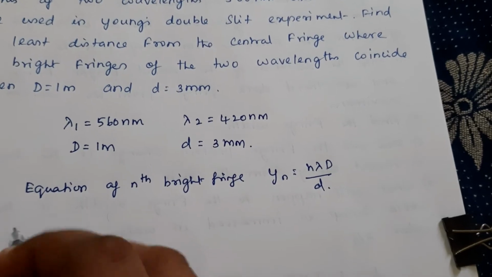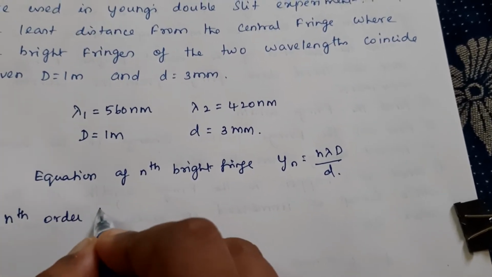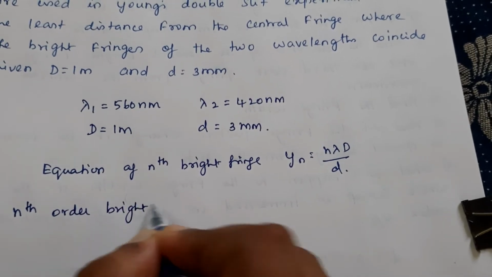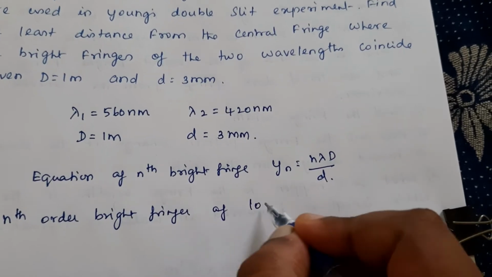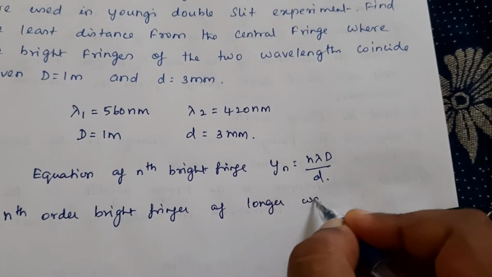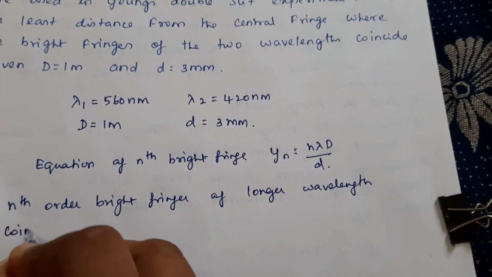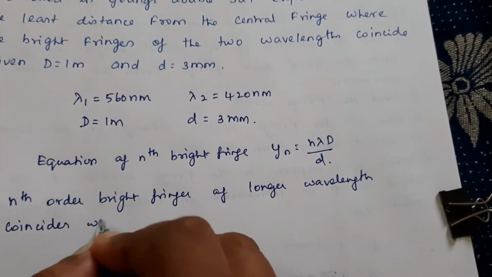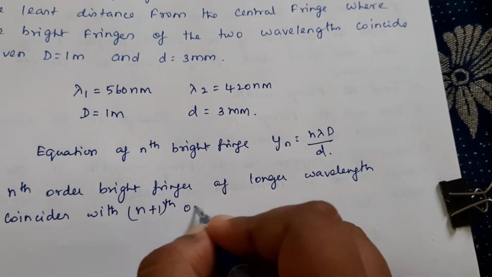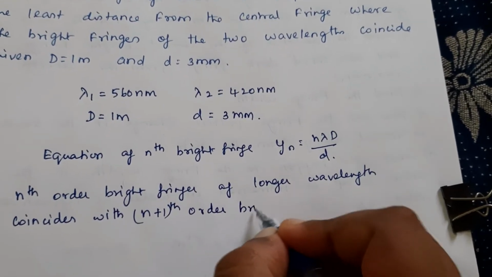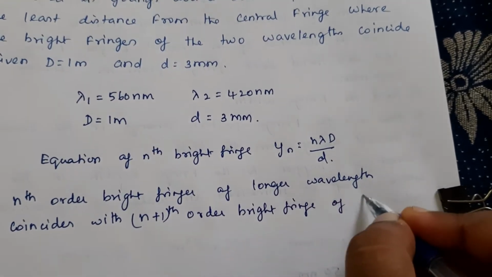So we can write: nth order bright fringe of longer wavelength coincides with n plus 1th order bright fringe of shorter wavelength.